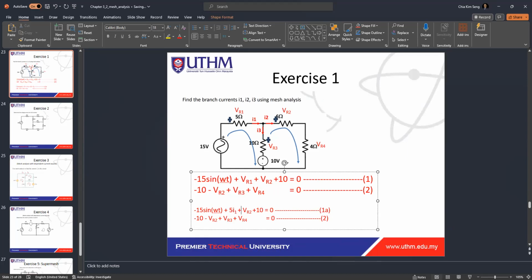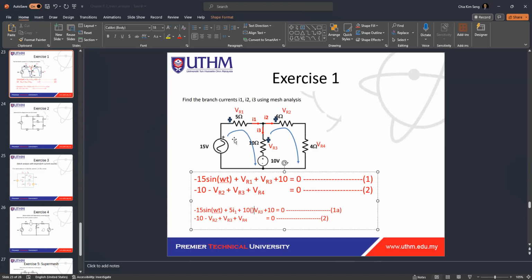And then next the V2. We are here at 1. Okay, here is another thing. This one is R3. So that's why every time we need to recheck again. So R3 equal to 10. And then remember there will be 2 currents.